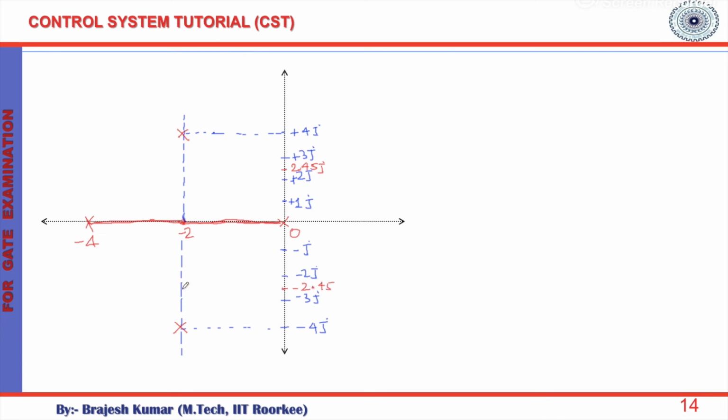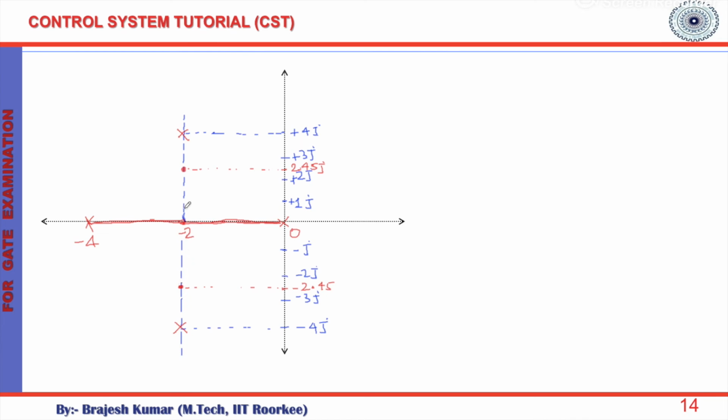Our calculation says that at this point, and from here also, this red dot signifies that there must be a breakaway point.